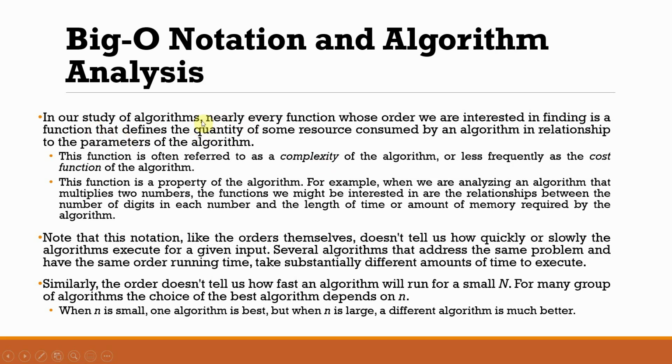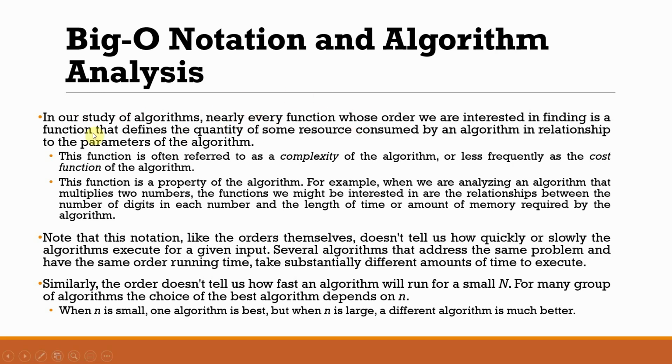In our study of algorithms, nearly every function whose order we are interested in finding is a function that defines the quantity of some resource consumed by an algorithm in relationship to the parameter of the algorithm. This is a very difficult sentence to understand, but it basically means that time or space are going to be functions of some resource, right?